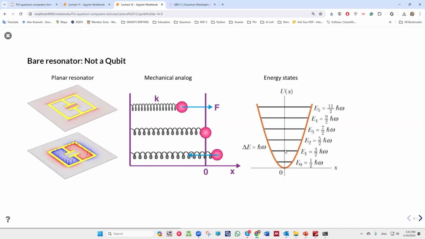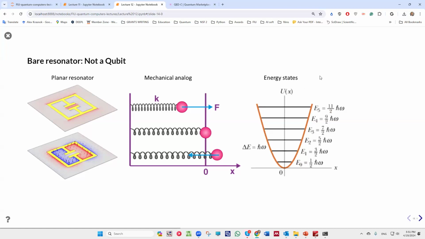Okay, and if you continue this, we can add one more photon, one more, and so on. So by this we can go up and up by this ladder of energy states.